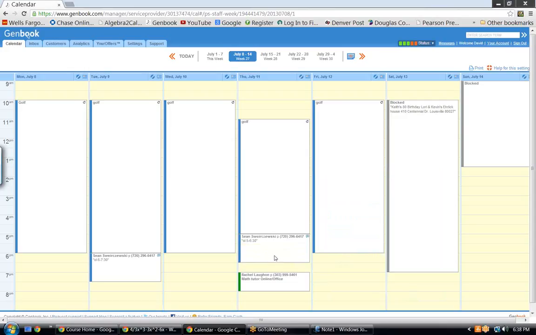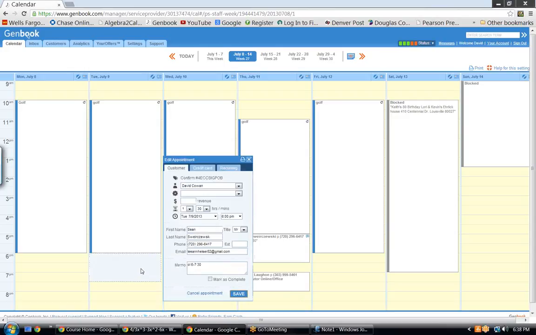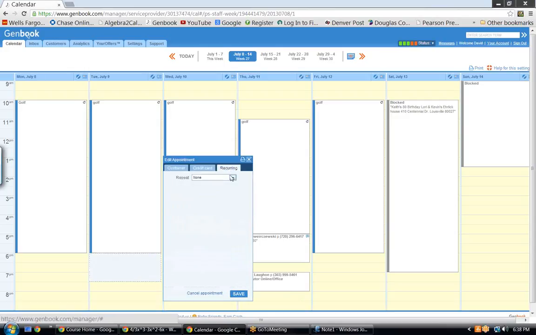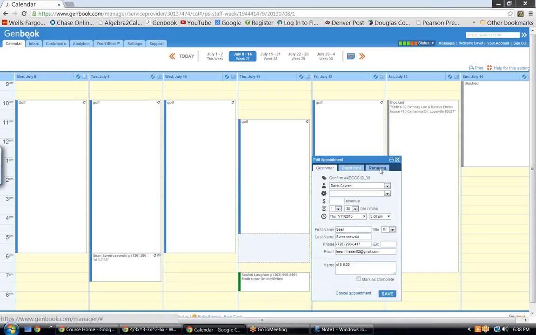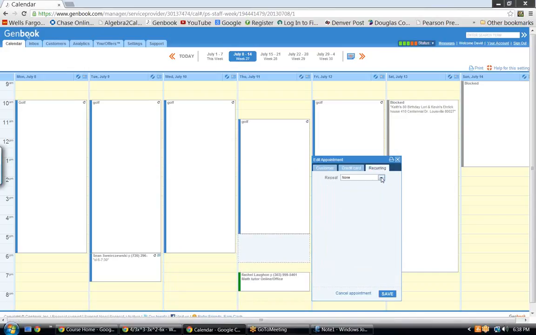See, people can go onto my website and schedule appointments, so I don't have any choice if they do that. But I have this as a recurring appointment. Let me make that recurring if it isn't. Every week. And then I'll make this one a recurring appointment also. And if you ever need to change it, just let me know. We can do it differently.